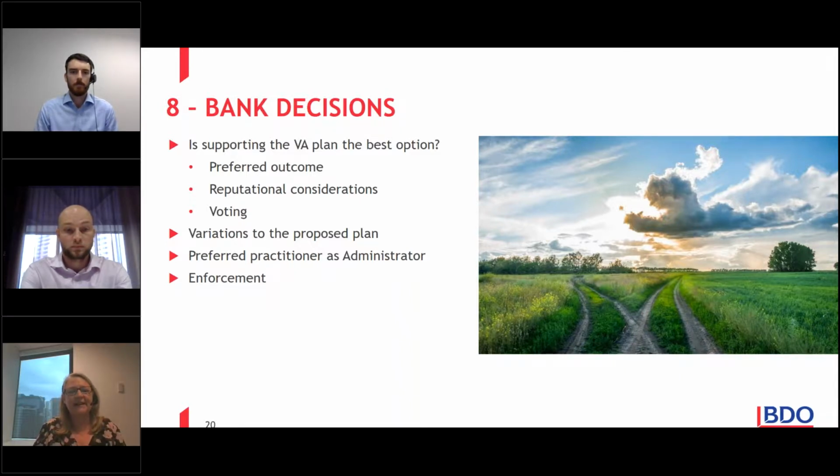So if there are any issues with independence, because one of the roles the administrator does have to consider is investigations into the conduct of the company officers, there may be a scenario where another administrator is nominated as a replacement. In practice, we don't see a lot of secured creditors being the driving force behind that, but they may support a nomination if it's put forward by other creditors.